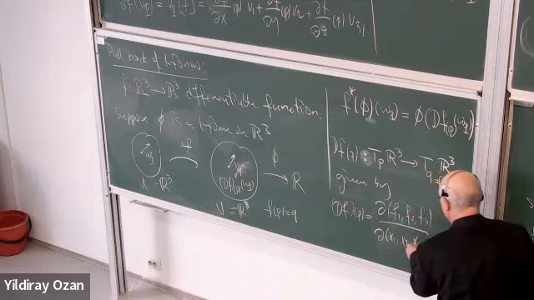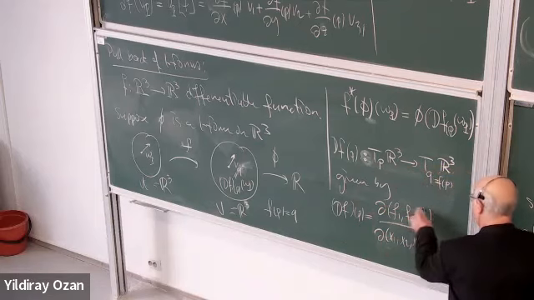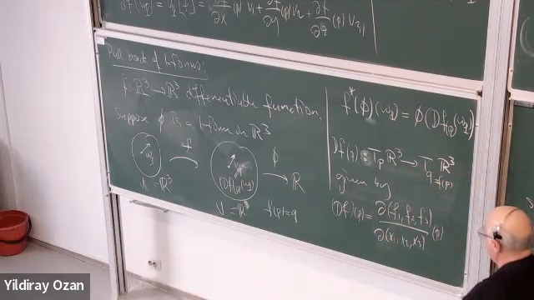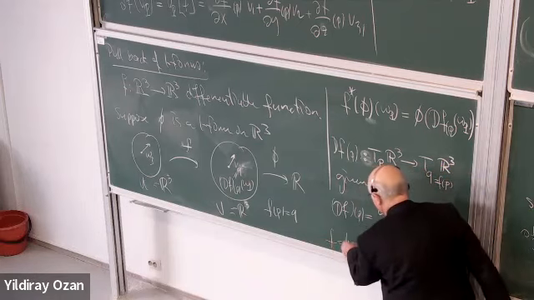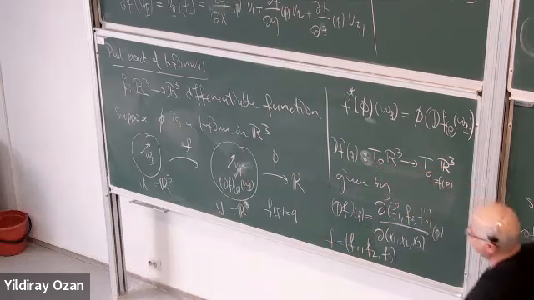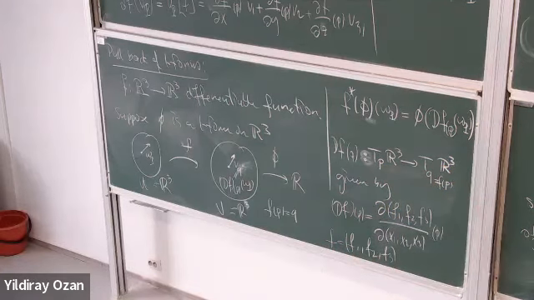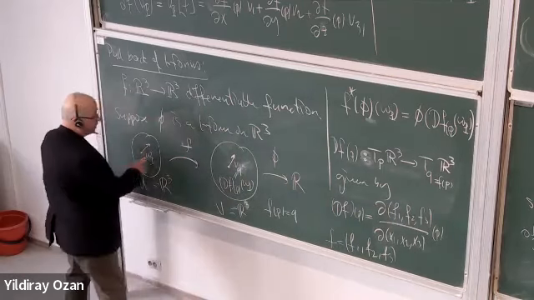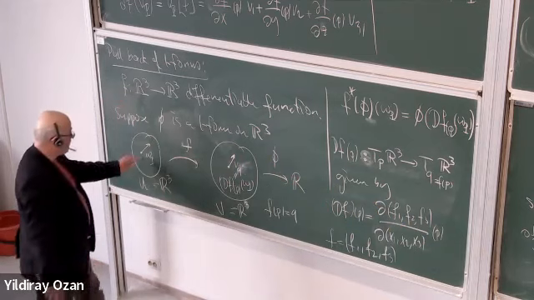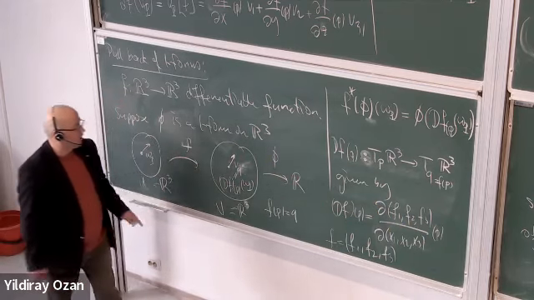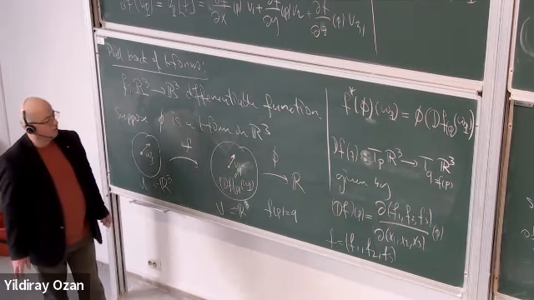X1, X2, X3. This is the derivative map of F evaluated at the point P. Suppose F has 3 coordinates, F1, F2, F3. So F sends points to points and sends vectors at those points to vectors at the image point, okay?